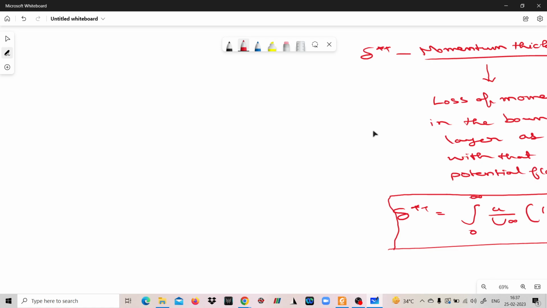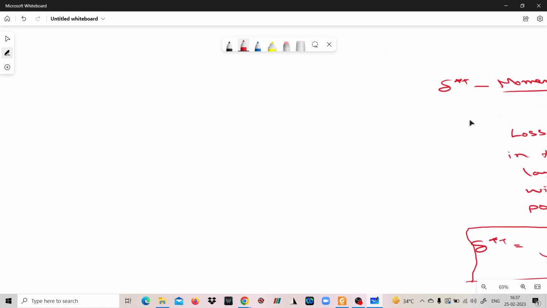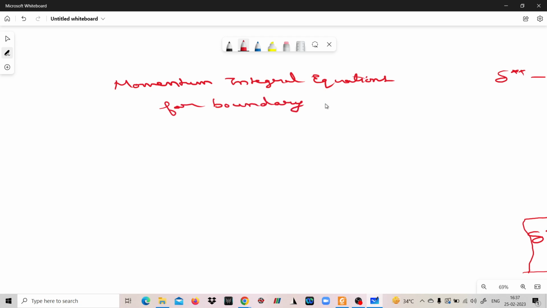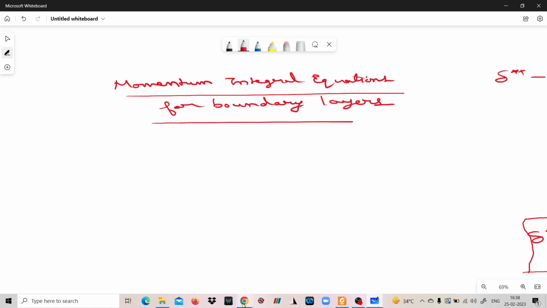Then the next important concept, at least for undergraduate level, which is very important, is momentum integral equations for boundary layers.